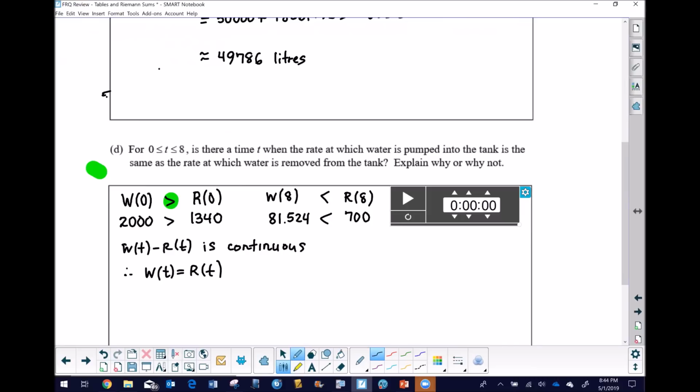Now, if you really want to make this look super, you're probably good with the points here. You can say then, or therefore, yeah, you guys use therefore in your everyday life a lot. The intermediate value theorem, which is called IVT, guarantees that R of t would be equivalent to W of t for some t.